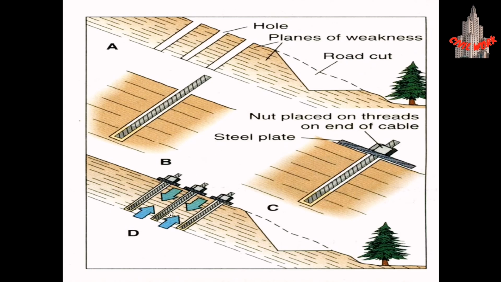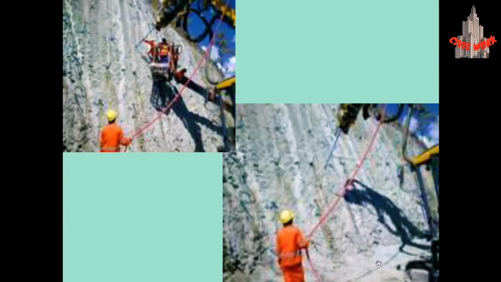This ensures the stability and holds the land with itself and prevents it from sliding from here to there, causing damage to the newly constructed road. This is how rock bolting is done.